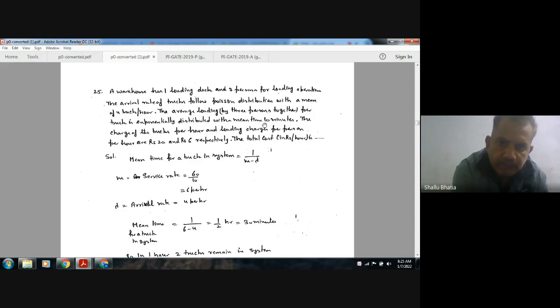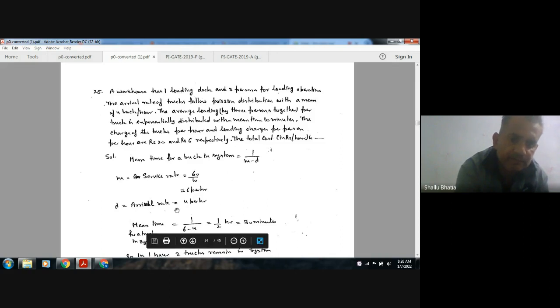One truck is serviced in 10 minutes, so six trucks can be serviced in 1 hour. So the service rate is 6 per hour. The arrival rate is given as 4 trucks per hour.